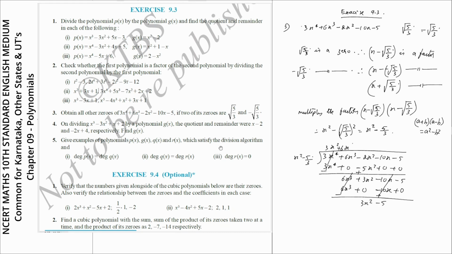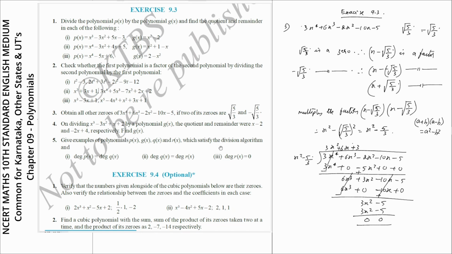Now if I multiply by 3, what will I get? Plus 3. 3 into x square is 3x square. Then minus 5 by 3 into 3. So 3 will get cancelled. I'll get minus 5. Okay. So here 0, here 0. Okay, it is divisible.